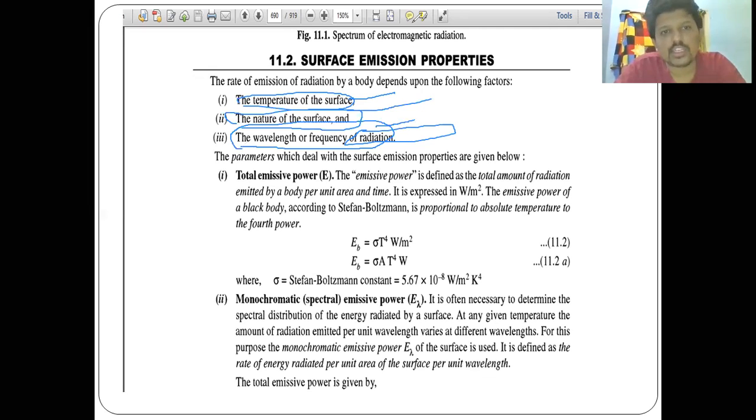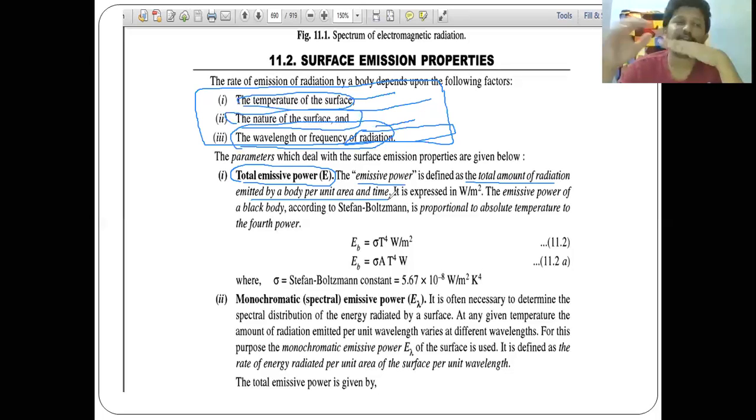So with these following factors, we have some parameters on which we should rely while defining the radiation part. The first one is total emissive power, which is very important, denoted by capital E. Total is the complete part. The emissive power is defined as the total amount of radiation emitted by a body for a unit area and time.